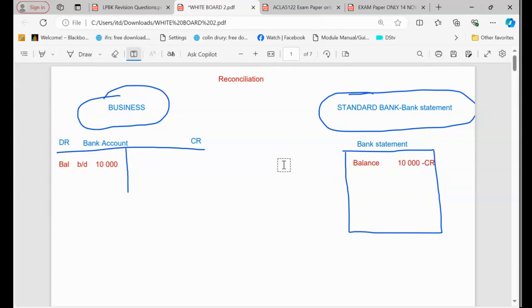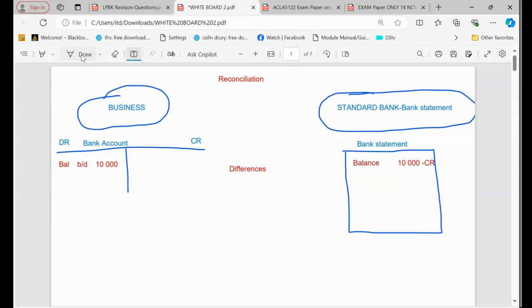But remember, sometimes some items are in our books, which is the business, and some items are on the bank statement. Sometimes whatever we have in the books is not on the bank statement. It's because of what we call differences.